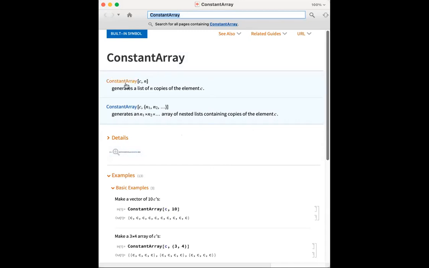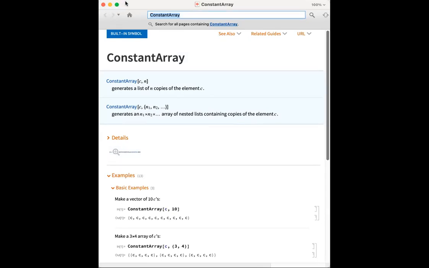For instance, if I go ConstantArray of C and N, it's going to generate a list with N C's. What we want here is our constant array to be 0. And as you can see here, if you go N1, N2, it's going to give you an N1 times N2 array. So this is what we have right now.